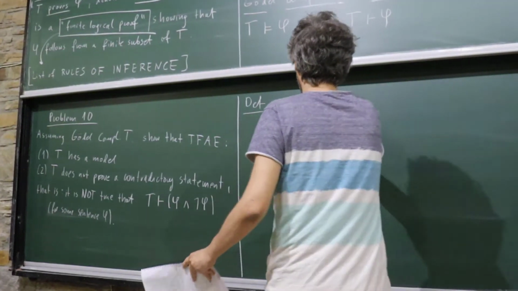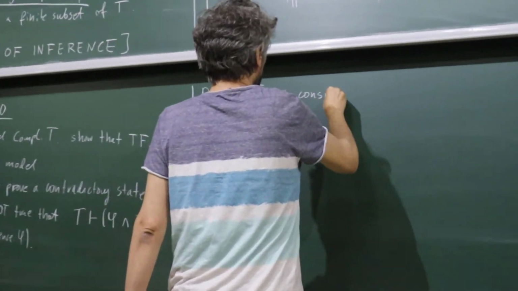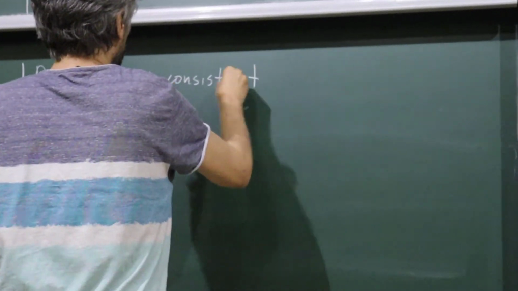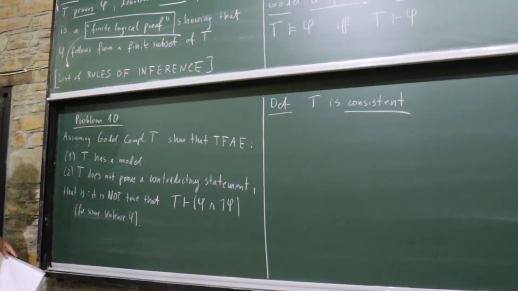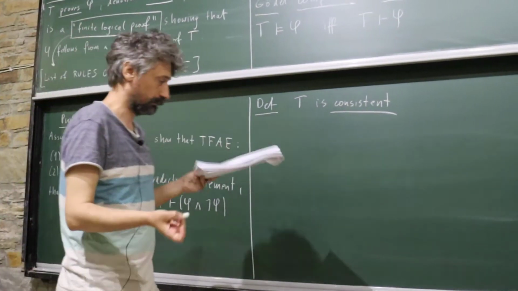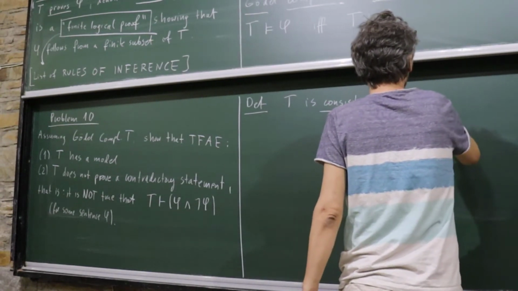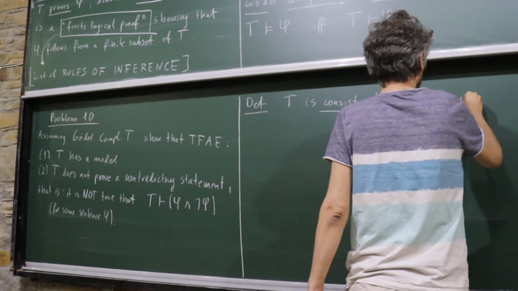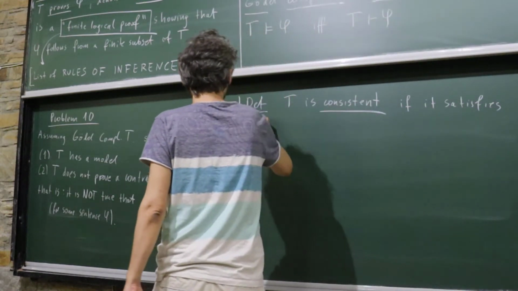So my definition is that T is consistent if it satisfies these equivalent statements.